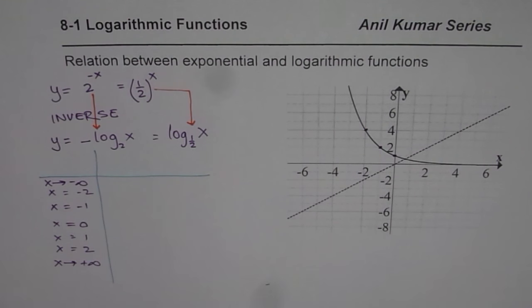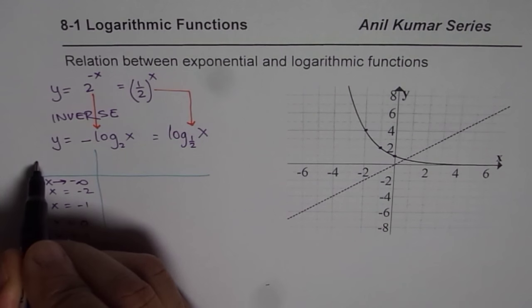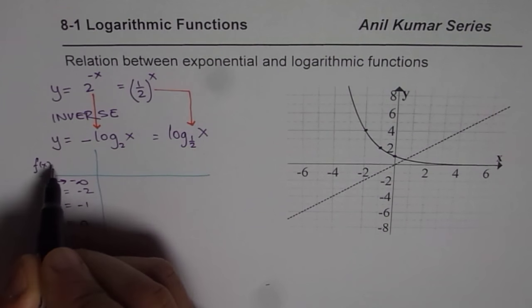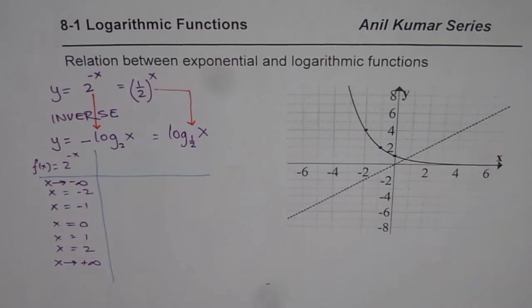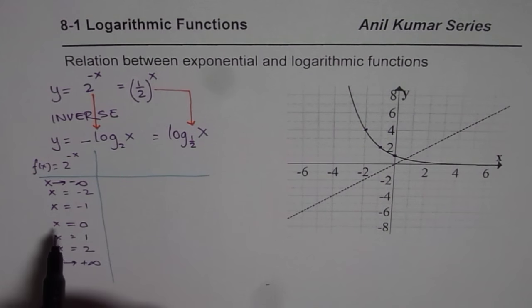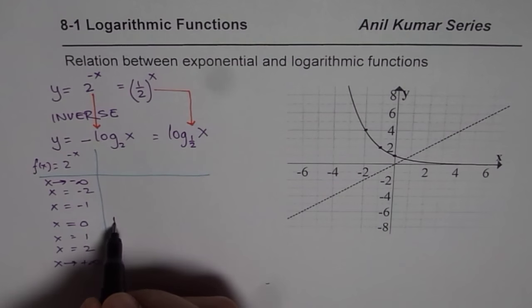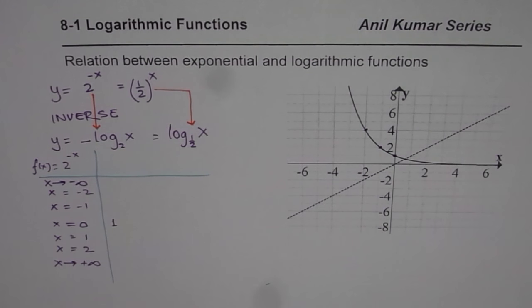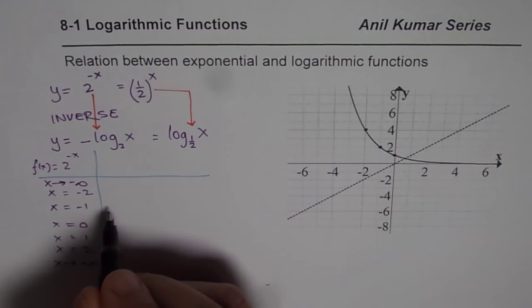Now in this particular case, when we are looking into the function, which is 2 to the power of minus x or half to the power of x, either way, the values should be, for x equals 0, we know it is 1 for an exponential function. The exponent is 0, that means the result is 1, correct? Now for x equals minus 1, we have 2.